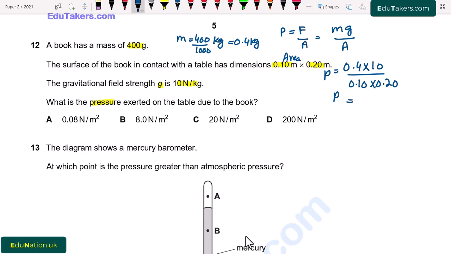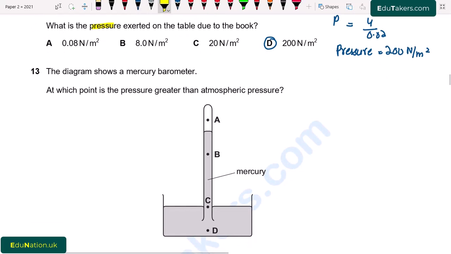So the value of pressure will be equal to 4 over 0.02, which will be 200. The unit of pressure is Pascal or Newton per meter square. So pressure will be equal to 200 Newton per meter square, which is option D. So here D is correct.